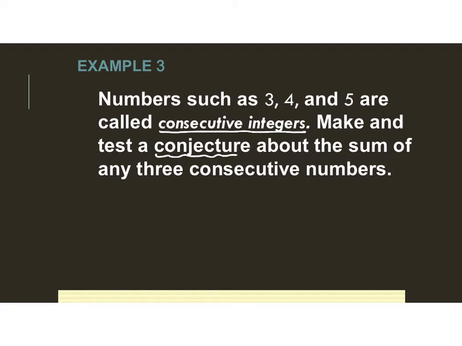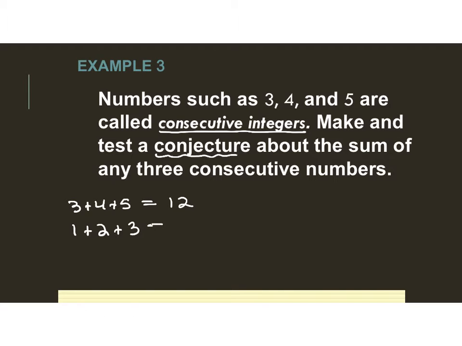So for example, if I take these numbers, 3, 4, and 5, and if I add them, I get 12. Now, in order to come up with some kind of statement, I have to do more than just one example. So let me pick 3 more consecutive integers. Let's say I pick 1, 2, 3. Again, consecutive numbers are in order.